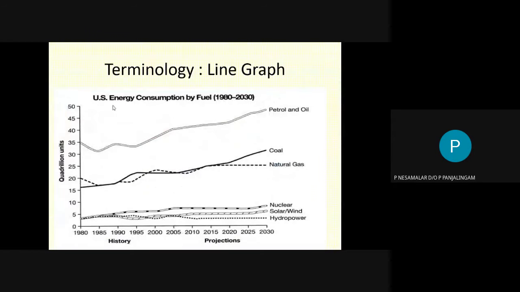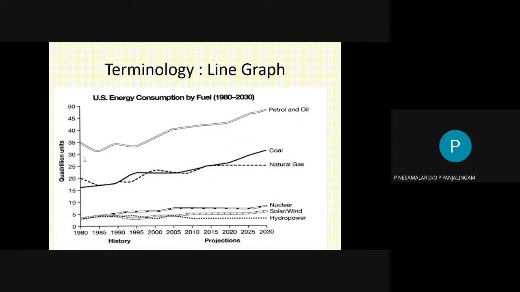Now, here you have the title US Energy Consumption by Fuel 1980 to 2030. So, again, projection. Now we are in the year 2020, so the projection begins from here to here for these 10 years. The x-axis is straightforward, but look at the units given in the y-axis. So it's not just 10 or 15 or 20 units, but quadrillion units.